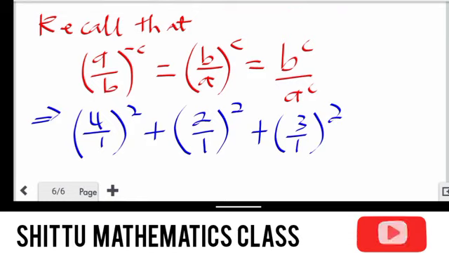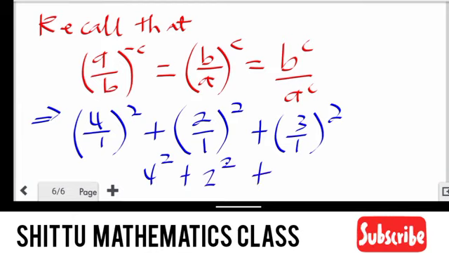So 4 divided by 1 is going to be 4, then to power 2. 2 divided by 1 is going to be 2, then to power 2. Plus 3 divided by 1 is going to be 3 to power 2.